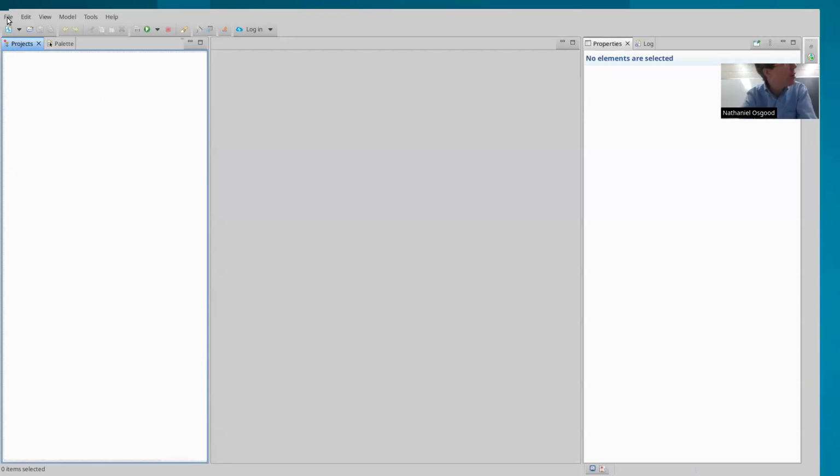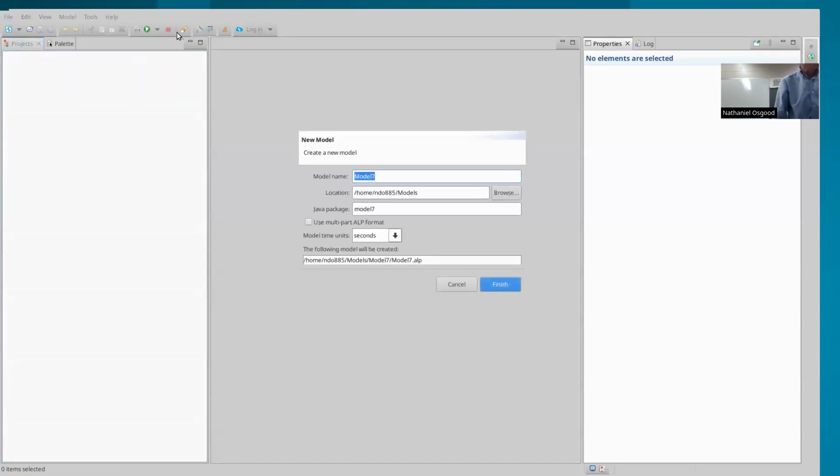So we're going to go here and we're going to create a new model, okay? And this model is going to be called SD for system dynamics, Diabetes prevention and treatment, okay?